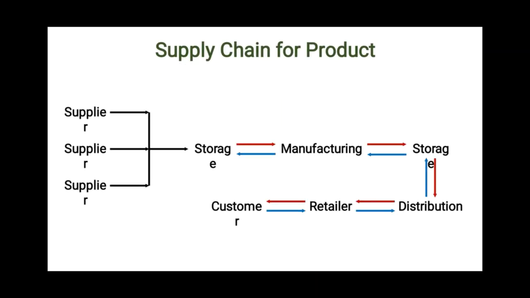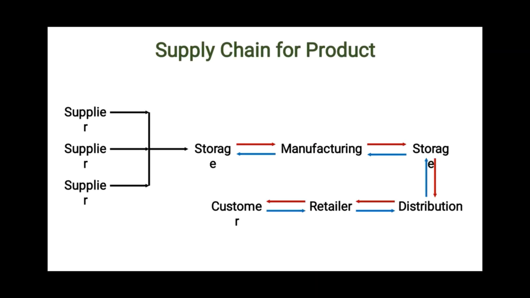To see the concept of supply chain for a product, we have this flowchart diagram. In this flowchart, we can see the supply chain for a product. Here we have different suppliers who supply raw material to the manufacturer for manufacturing the product. That raw material should be stored somewhere, hence it requires storage.